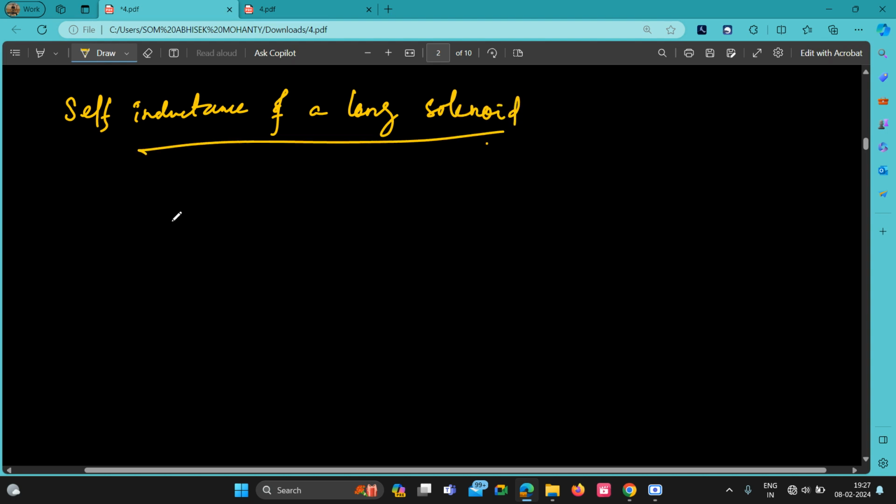Now self-inductance of a long solenoid. So flux is equal to how much? B dot dS. It can be a derivation kind of question, 2 marks or something. Now tell me, what is the magnetic field for a long solenoid?